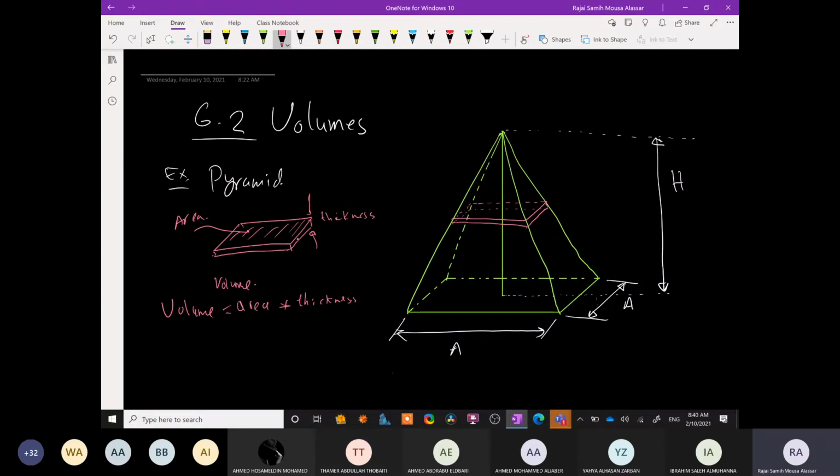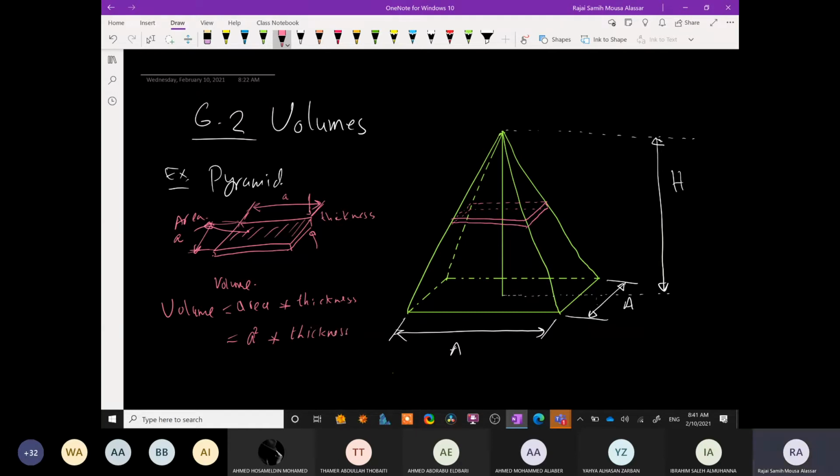Okay. And let's say that this is a small area. This is a small a. And the area is obviously what? Because this is a square, this is also going to be small a. So the area is actually a squared multiplied by the thickness.